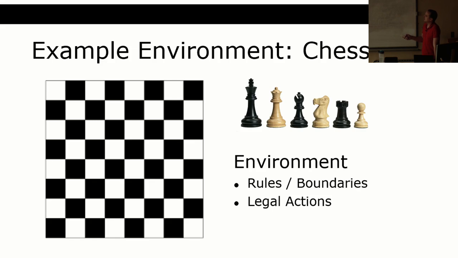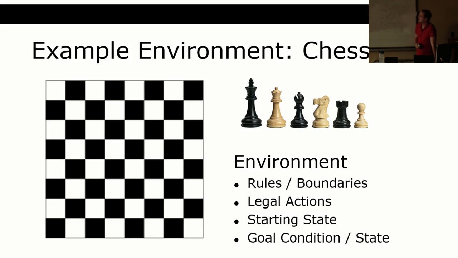We have legal actions that can be taken in this environment. So, queens can move one way, pawns can move another way. We have a starting state of this environment. So at the start of a game of chess, all the pieces have to be arranged in a certain way. And we have a goal condition or a goal state that we are trying to get to.